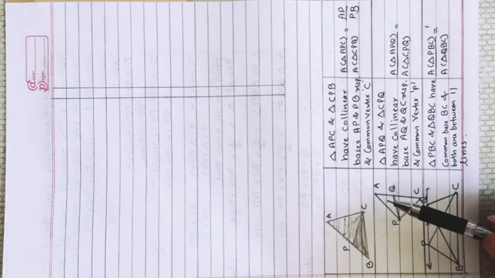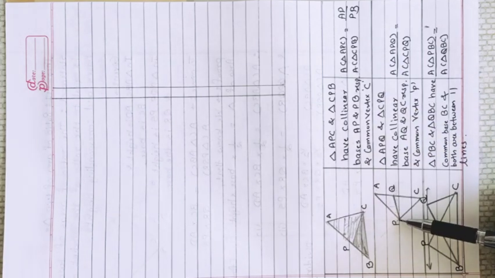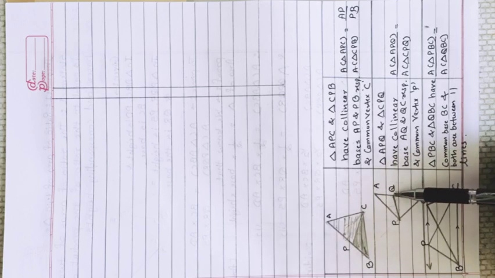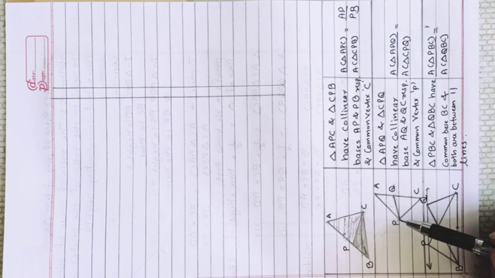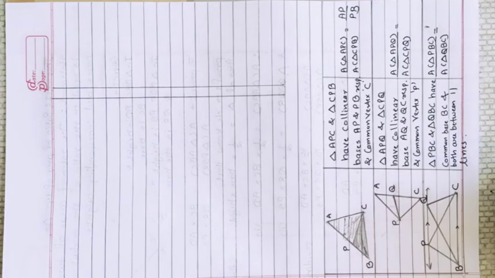Next, triangle APQ and triangle CPQ have collinear bases AQ and QC respectively, and they have a common vertex P. Now the bases have been transferred to the right side; earlier they were on the left side.